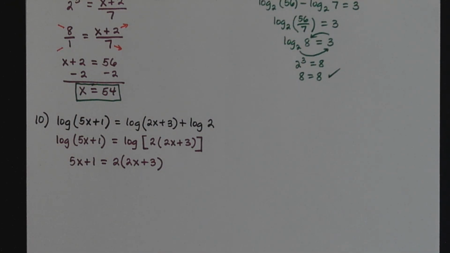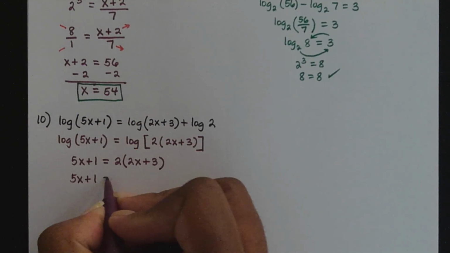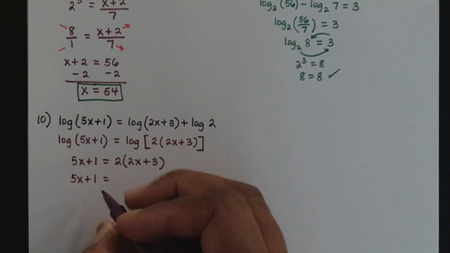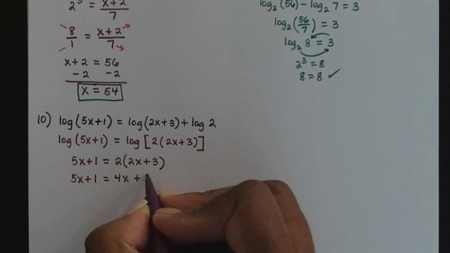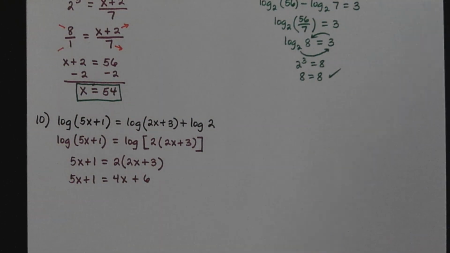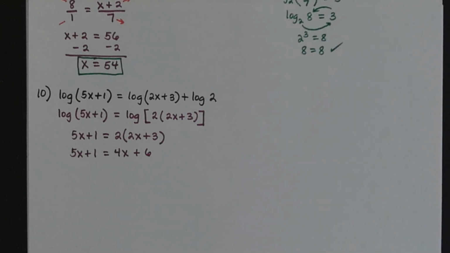And from here, I can solve this equation for x. So I bring down the 5x plus 1. And if I distribute the 2 over the 2x plus 3, what would I get? 4x plus 6. All right. So now, what do I need to do to get all the x's on one side?